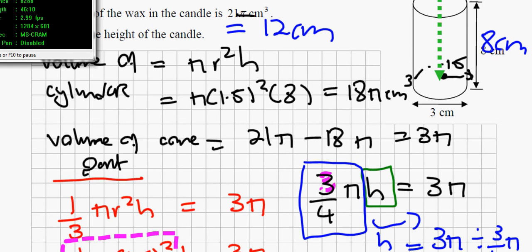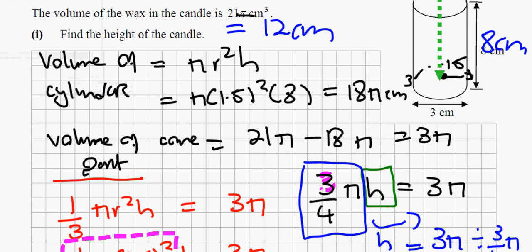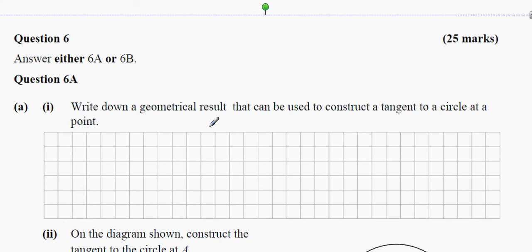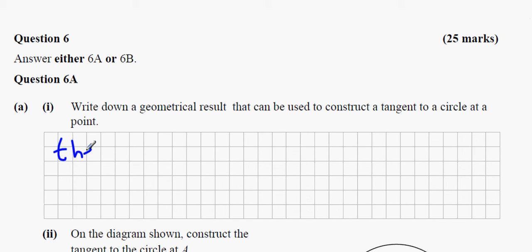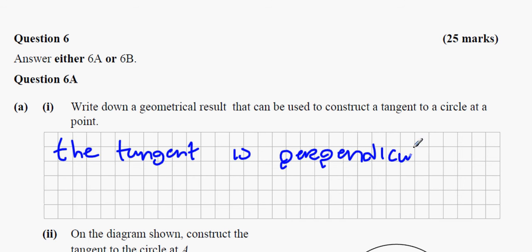Now, next part. Write down a geometric result that can be used to construct a tangent to a circle at a point. Okay, so what we need to do, the tangent is perpendicular to the tangent's point of contact.